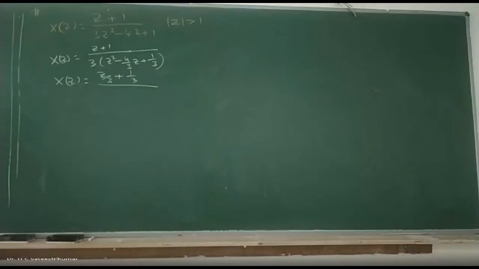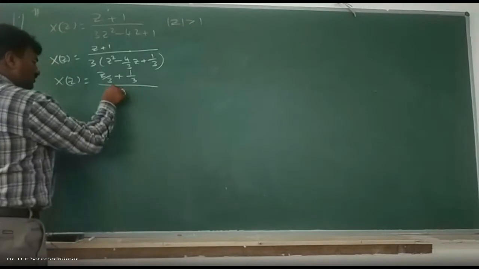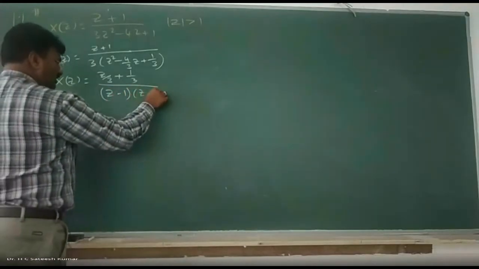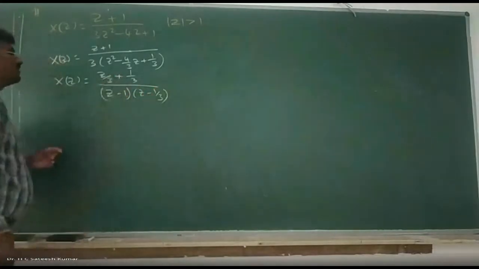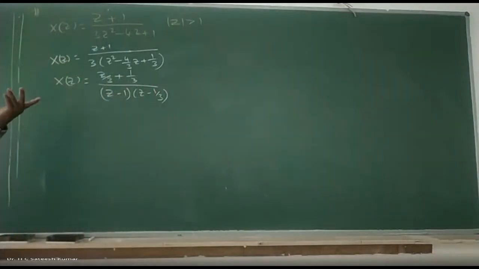The factors are z minus 1 into z minus 1 by 3. For this problem there is no issue, because the numerator power is less than the denominator power already. So we are taking it like that.